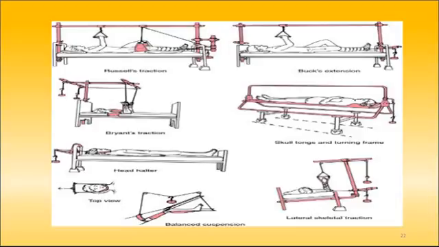You have in your text, page 1060 and 1061, table 51.1, types of casts used for musculoskeletal trauma, and then table 51.2, types of traction used. They can have it in the upper extremity, lower extremity, spinal column, pelvic traction. And I just gave you the picture of all the different kinds here.